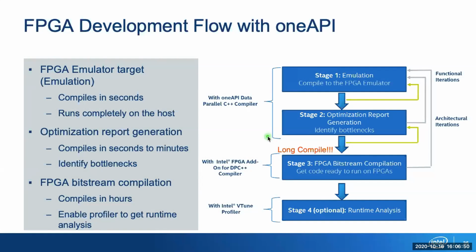The FPGA development flow starts with emulation. So we write data parallel C++ code, compile for the emulation, and check if the code is functional, right? The second step is the optimization report generation, and here we can identify bottlenecks and see some improvements.